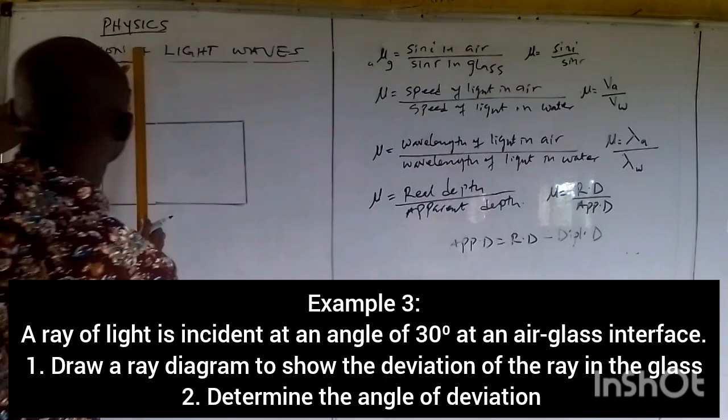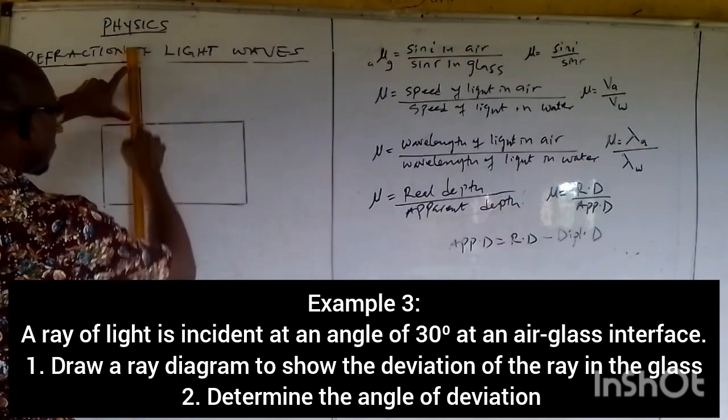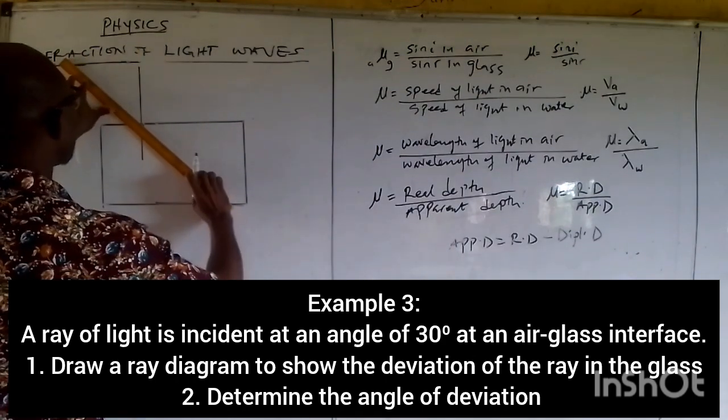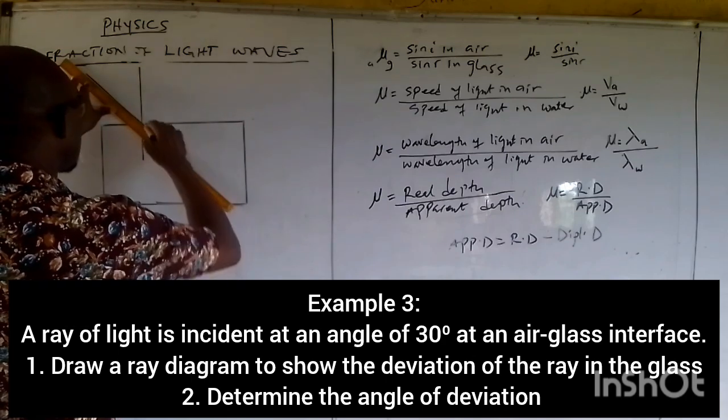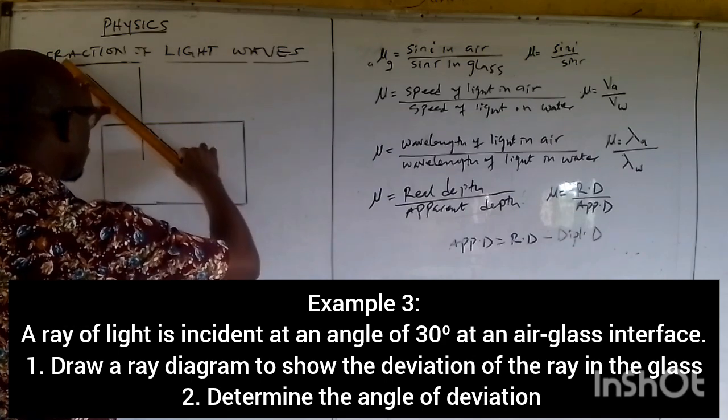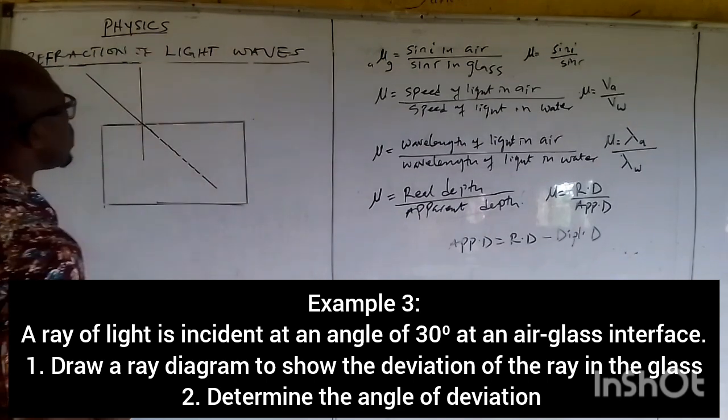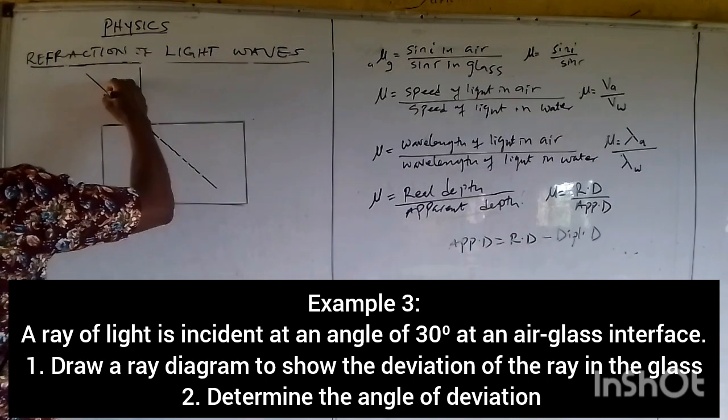This is a normal. Now, let's draw the diagram to represent it. So we can put down, if you continue the line, this is our incident ray.